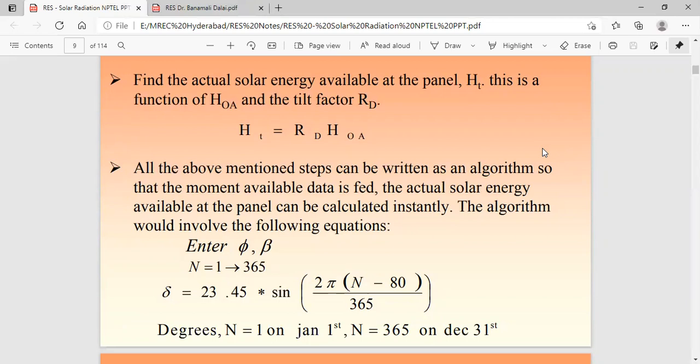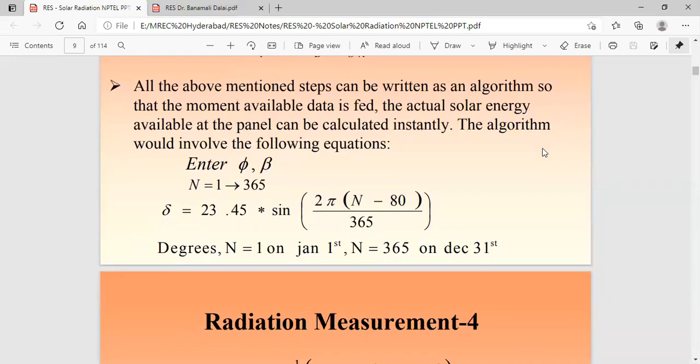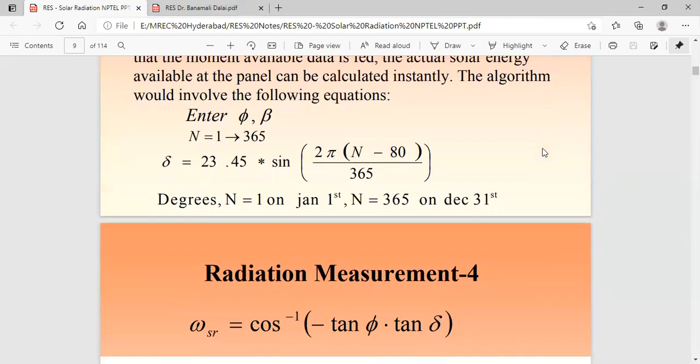The algorithm would involve the following equations. Enter phi, beta, and n equal to 1 to 365 days. Now delta is equal to 23.45 into sine of 2 pi (n minus 80) divided by 365 degrees, where n is equal to 1 on January 1st and n is equal to 365 on December 31st.